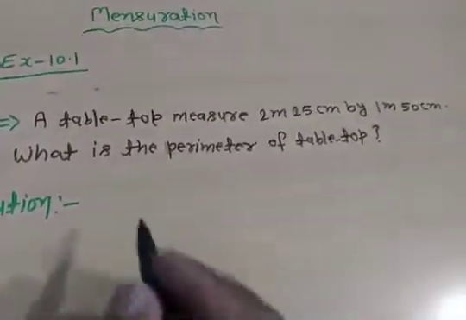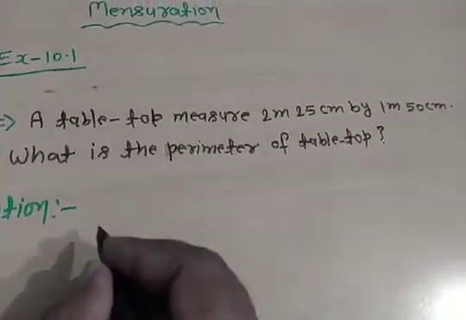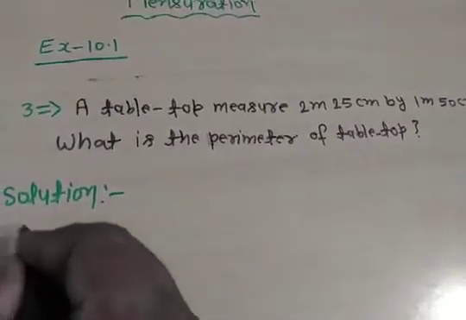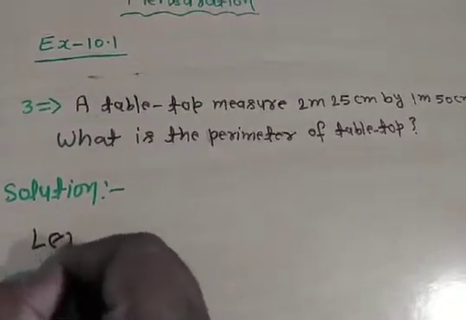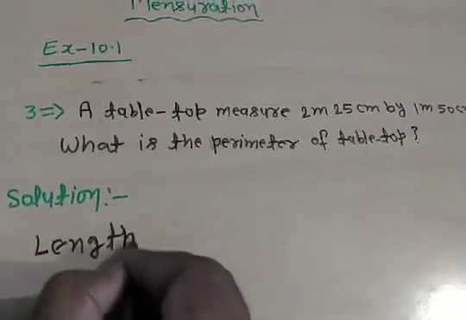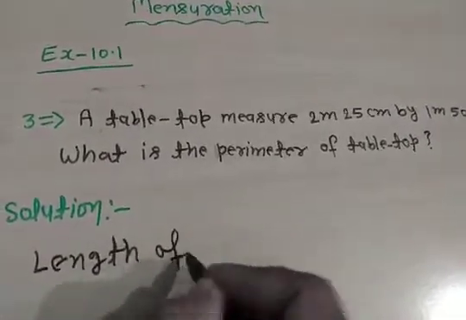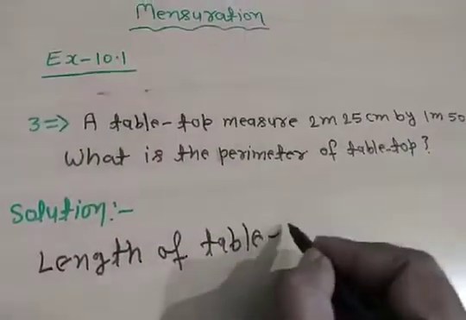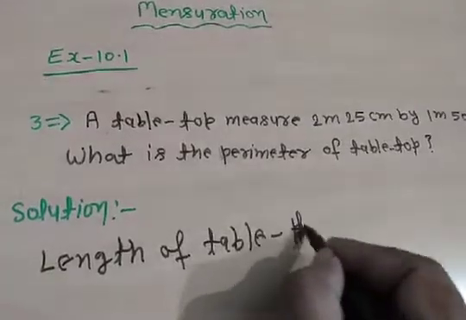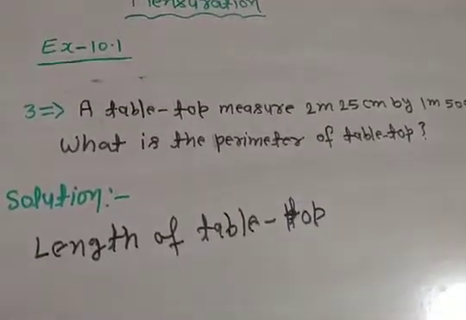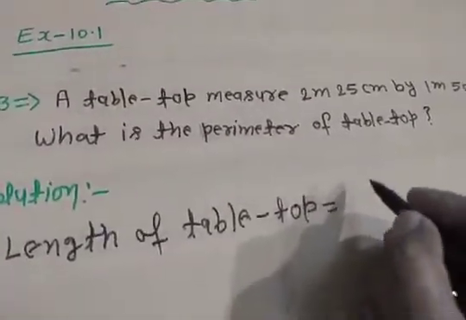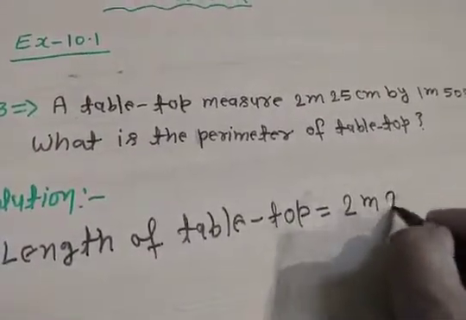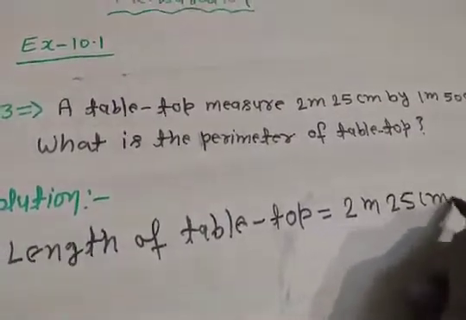Here first you write the length of the tabletop. Length of the tabletop is equal to 2 meters 25 centimeters.